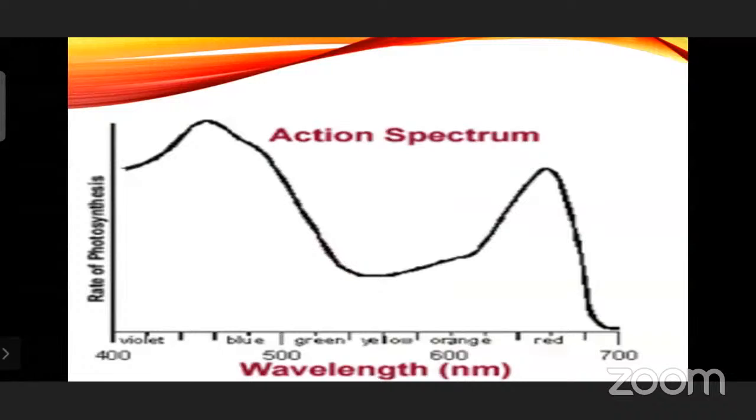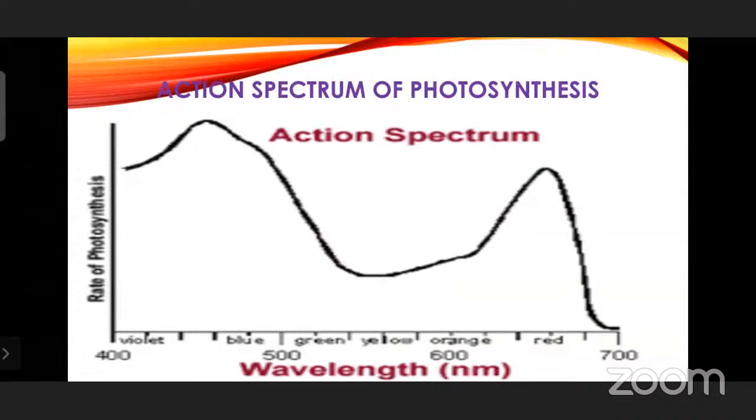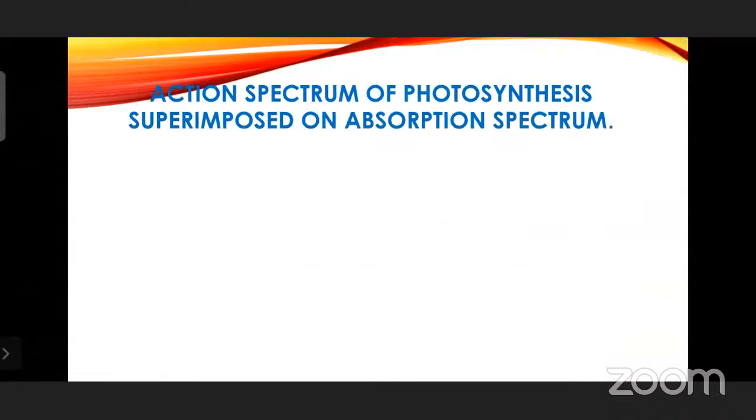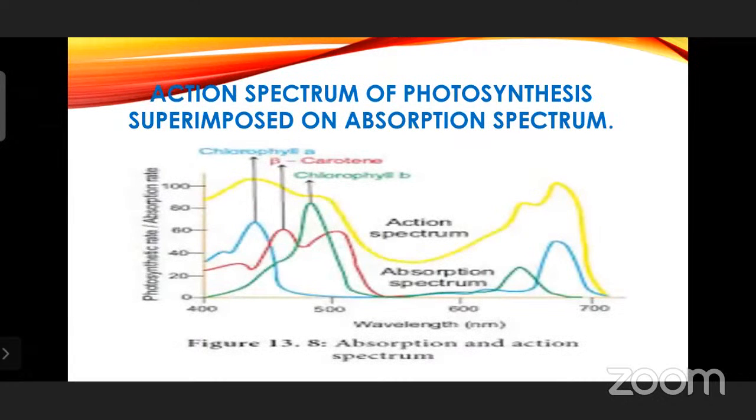So with this, we came to a conclusion that in blue light and red light, the pigment molecules will be absorbing more sunlight energy. Next, action spectrum of photosynthesis superimposed on absorption spectrum. So superimposed means, already in the first graph you have seen chlorophyll A, chlorophyll B, and carotenoids.